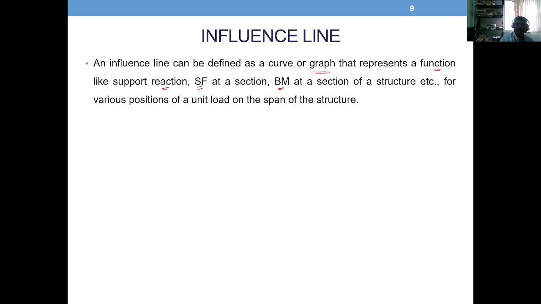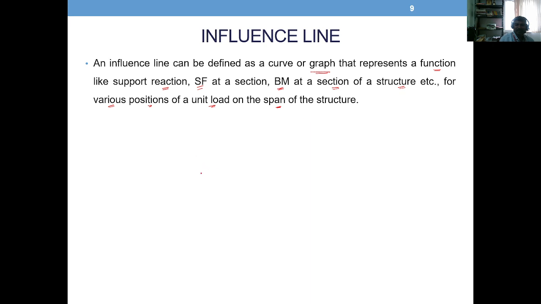So any of these. Influence line diagram is a graph that represents a function, for example reaction, shear force, bending moment at a section of a structure for various positions of unit load on the span of the structure.